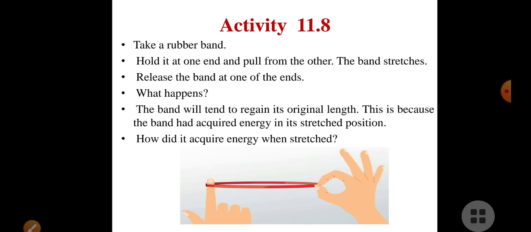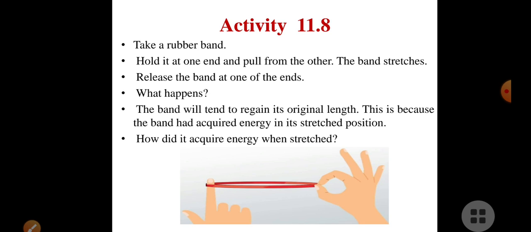Now these activities are given in your books. Activity 11.8. These are very simple activities you can do at home also. So let us discuss. We take a rubber band and hold it at one end and pull from the other. The band stretches. What is happening? Its shape is changing. Now release the band at one of the ends. What happens? The band will tend to regain its original length.